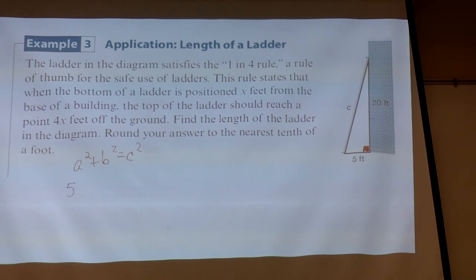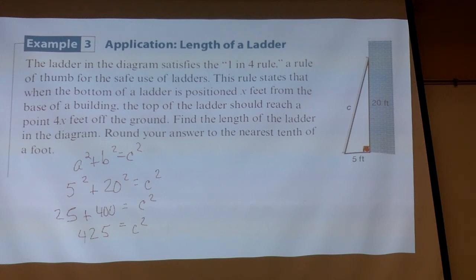We've got 5 squared plus 20 squared is equal to c squared. 5 squared is 25. 20 squared is 400. Okay, if you add those together, you're going to get 425.